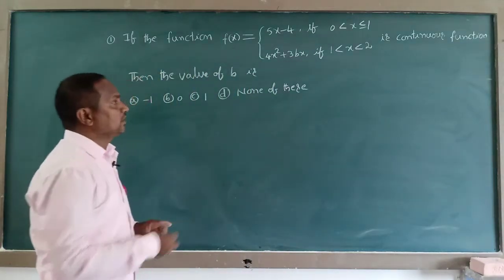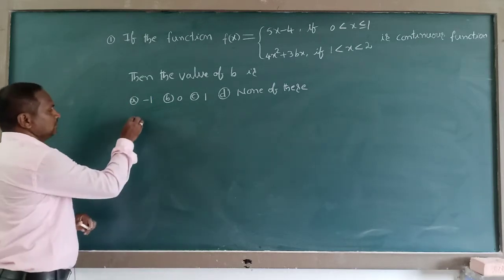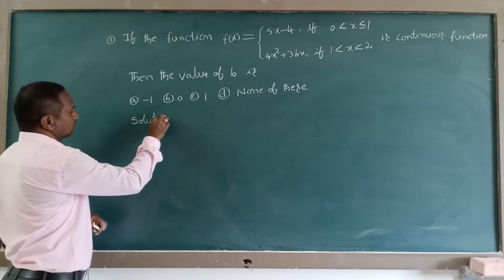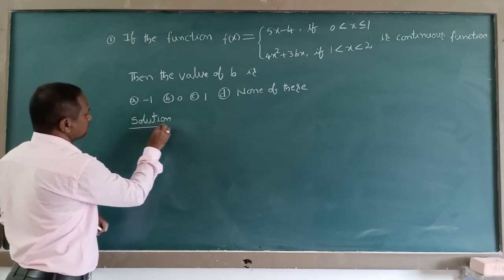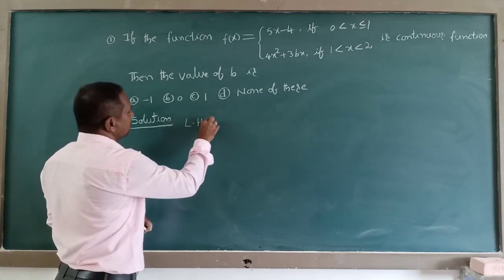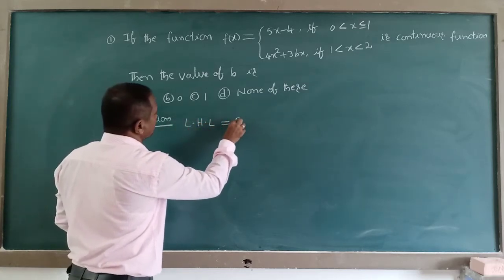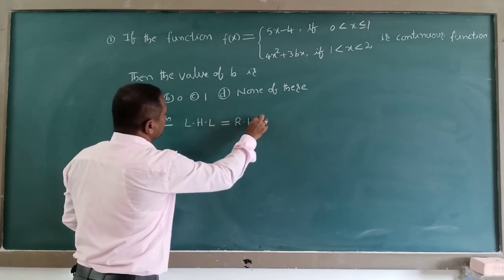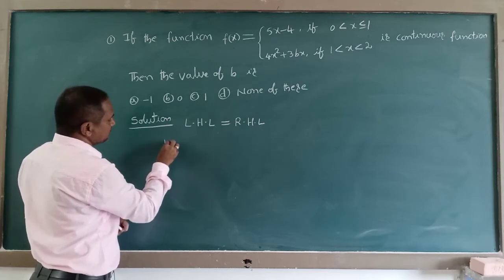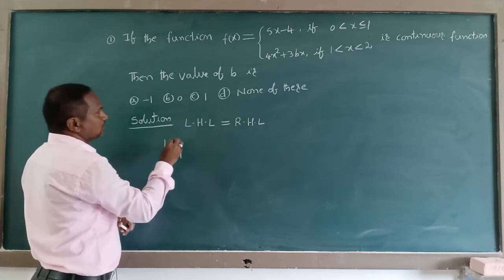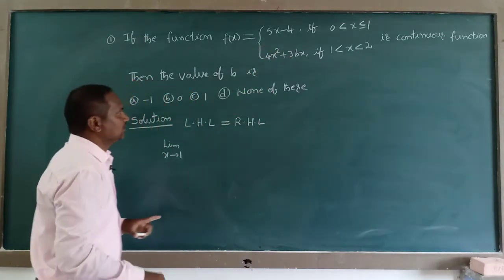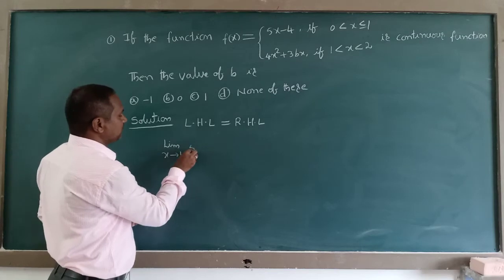Let us now start the solution for this question. LHL is equal to RHL. LHL is limit x tending to 1. Corresponding to the less than symbol, which function is there? We must consider for the left hand limit the 5x minus 4.